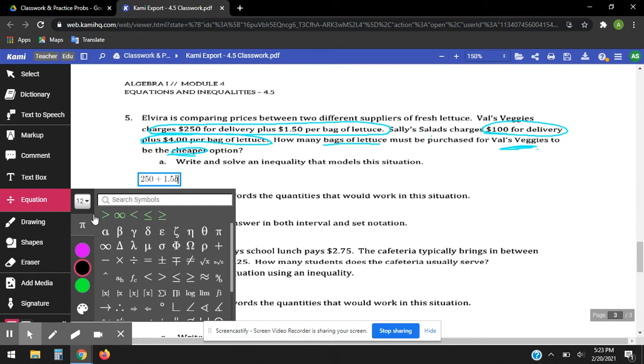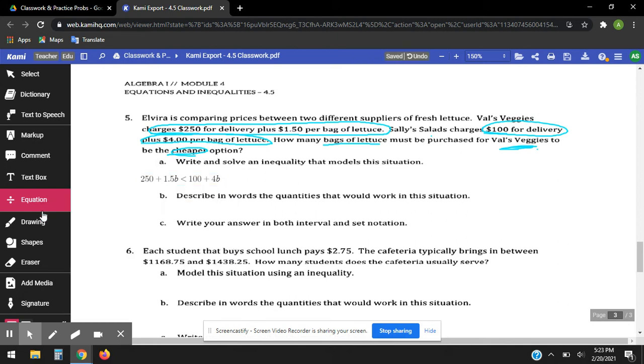So for what values is his less than the other one, Sally's? Hers is 100 for delivery plus 4 per bag of lettuce. So she's cheaper to deliver, but her bags are more. So at what point is hers a better deal?